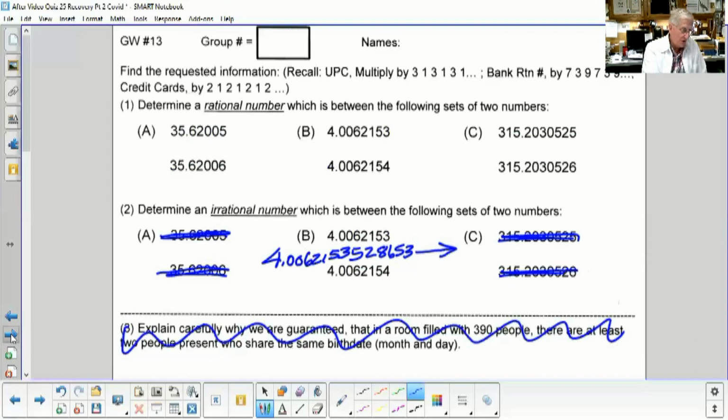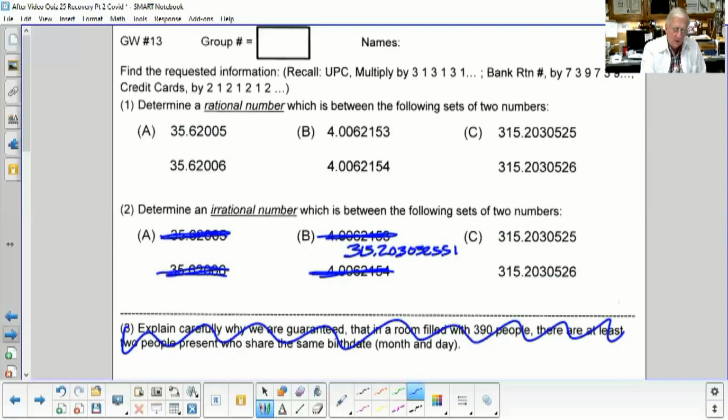So let's go to the third one. Okay, I'm going to start way over here. 315.20305255. I'm just going to pick out any pattern I want, any numbers I want. How about 1, 2?